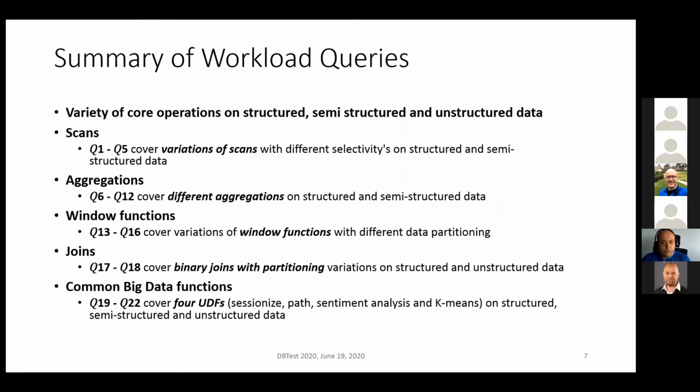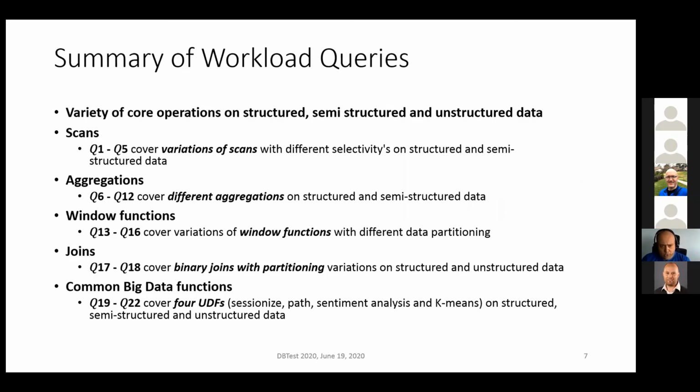And furthermore, we define 22 workload queries, which operate on these different data types. And we divided the queries into multiple categories, as you can see. So we have scans, which vary depending on the selectivity of the data.